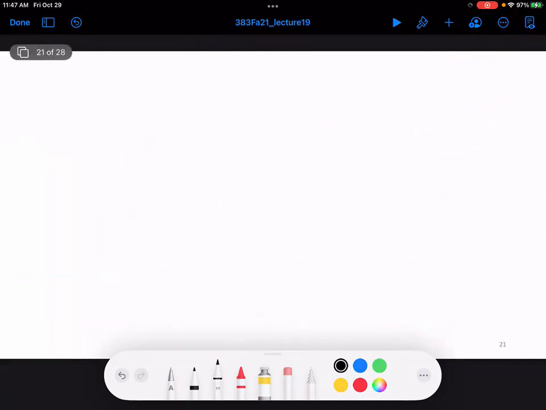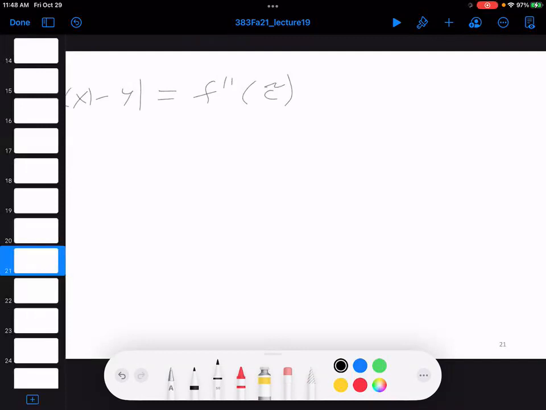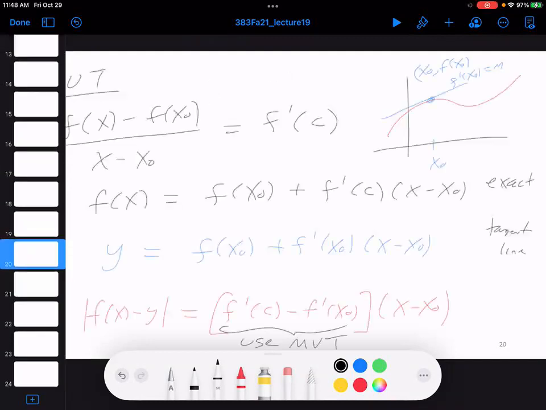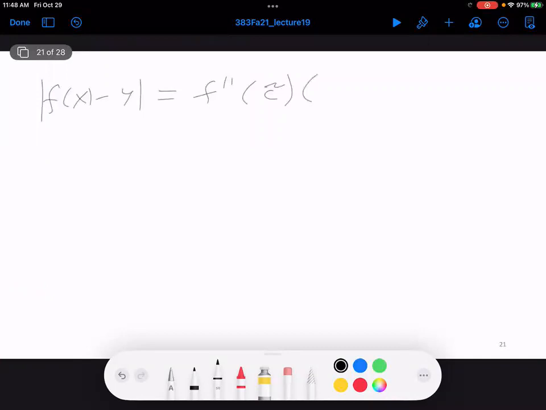And then what we would get is f(x) - y is going to be, I'm sorry, we have an equality, is going to equal f''(c tilde) times (c - x0), and then we had, I think, (x - x0), and we'll put everything in absolute values.